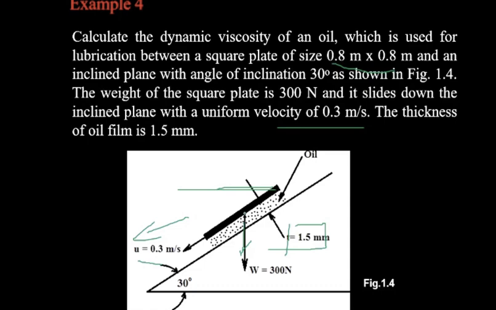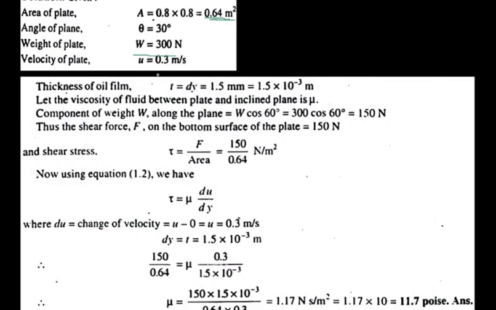Okay, so the weight will be towards downward, right? So this is also 30 degree, this is also 30 degree. Okay, same like the wedge problem. So weight of the plate will be 300 Newton. So velocity of the plate is 0.3 meter per second.